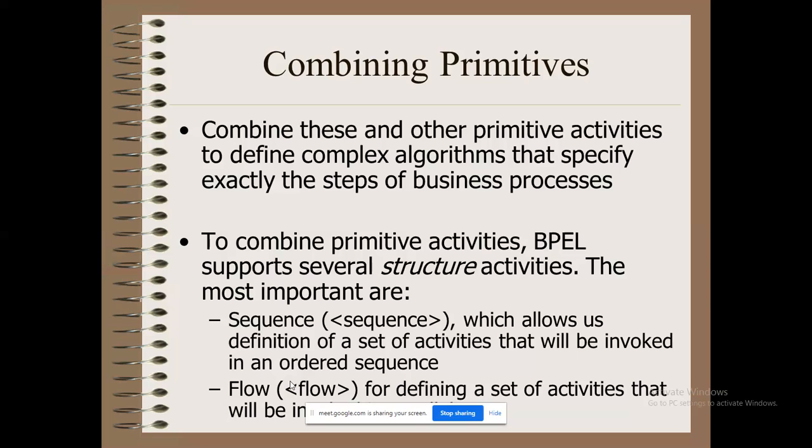Combining primitives. What is meant by combining primitives? I think people who have worked with UiPath might know about that. They will create a sequence there. Sequence means the flow of activity happening from there. For example, for service-oriented architecture, what are all the books available in Amazon?